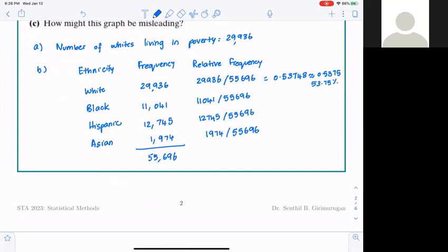The second case is for blacks. That comes to 19.82%. The third case would be Hispanics.